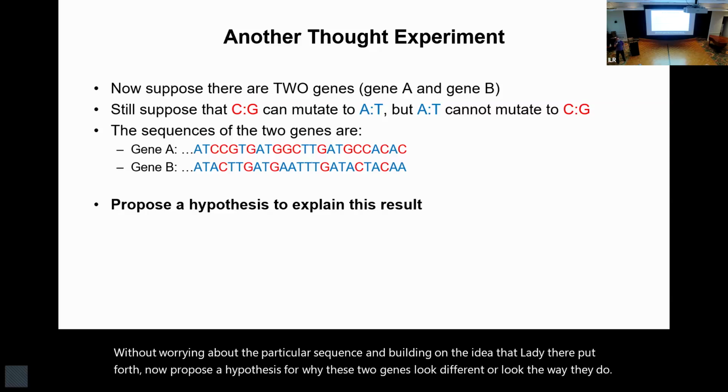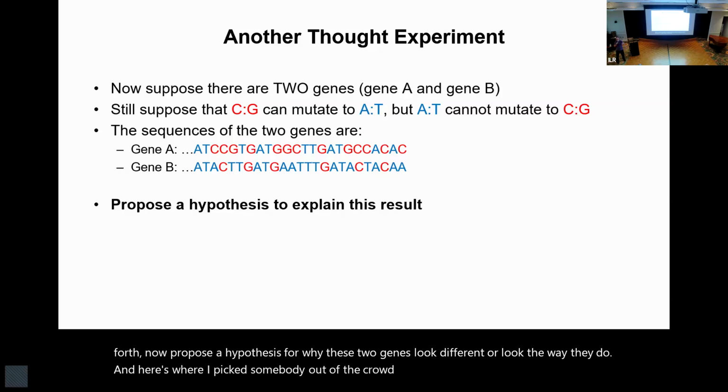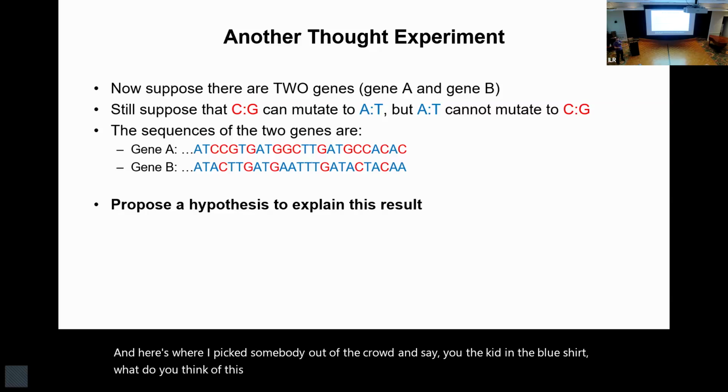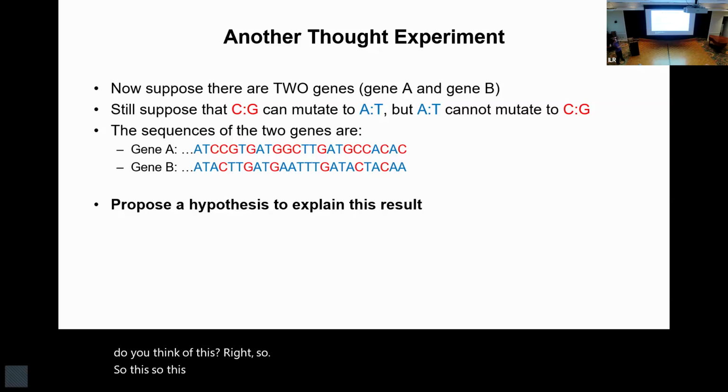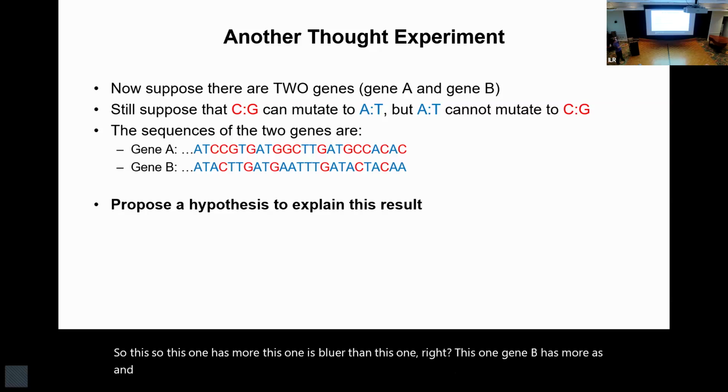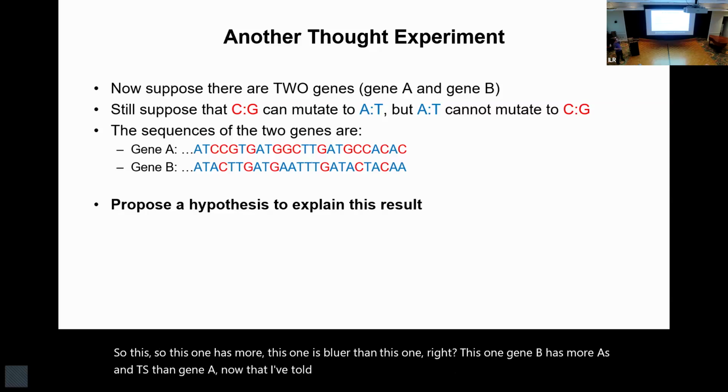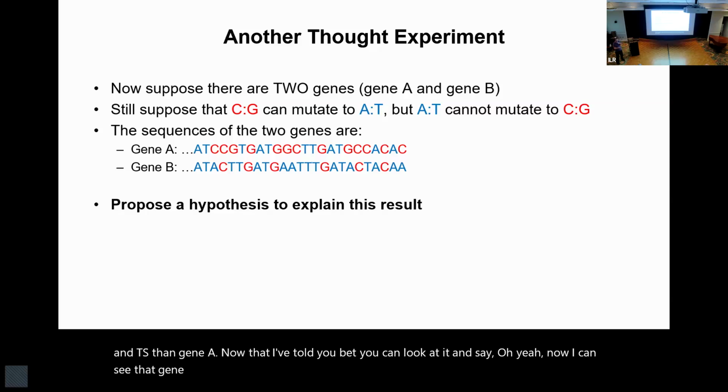And here's where I pick somebody out of the crowd and say, like, you, the kid in the blue shirt, what do you think of this? This one is bluer than this one, right? Gene B has more A's and T's than gene A. Now that I've told you that, you can look at it and say, oh yeah, now I can see that gene B is bluer.